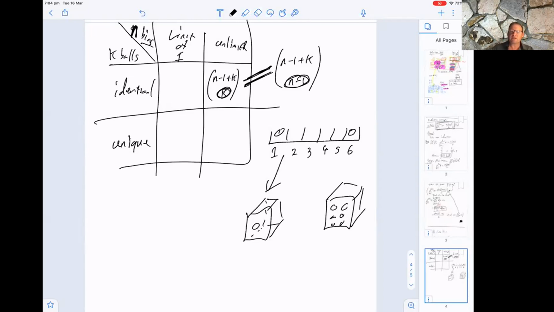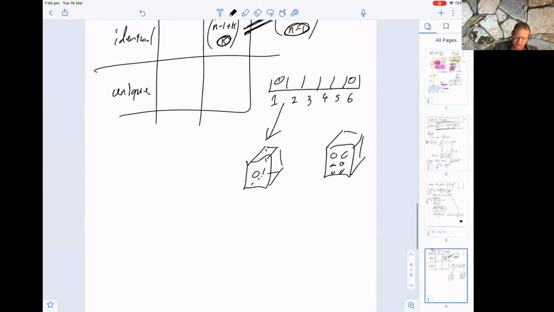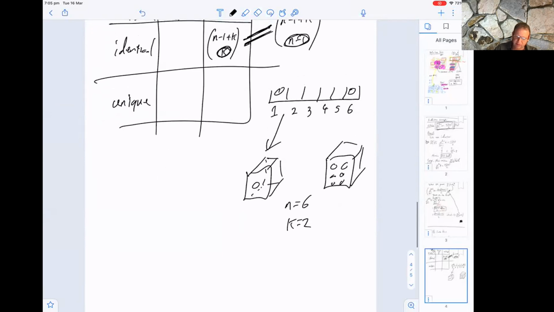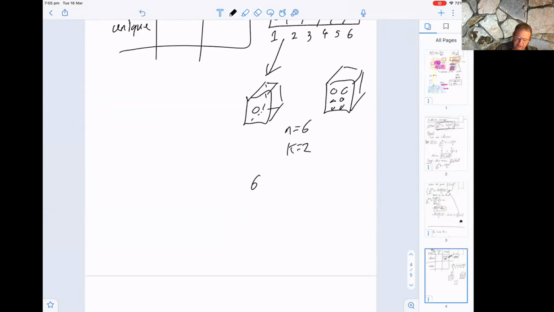All right. So for the monopoly example, n equals 6 and k equals 2. I think it should give us 21. Let's see. So 6 minus 1 plus 2 over 2. 6 minus 1 is 5 plus 2, so 7 on 2.